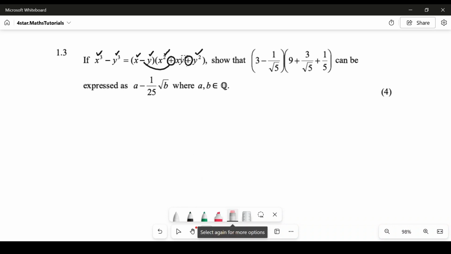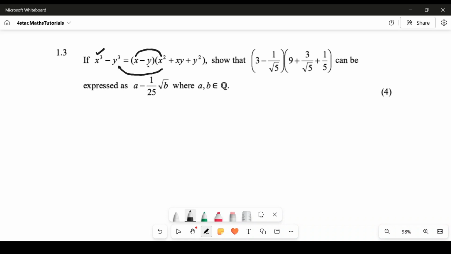Then if we are given the right hand side, we need to find the product, and we know that this is going to give us a difference of two cubes. We multiply the first term of our first factor with the first term of our second factor, and we get x cubed.